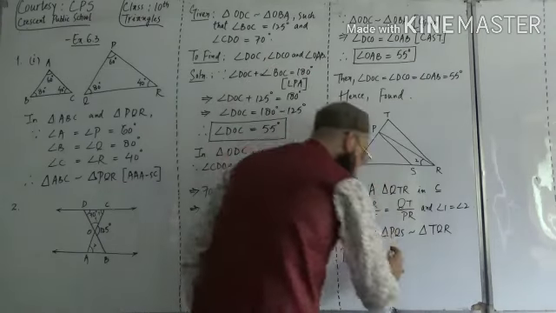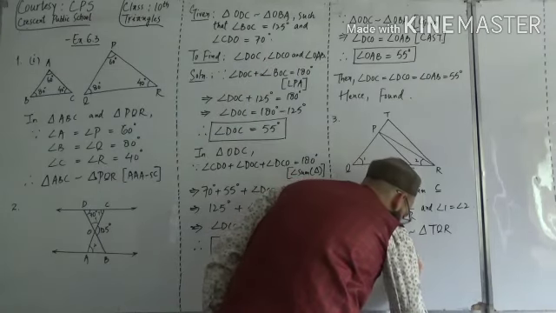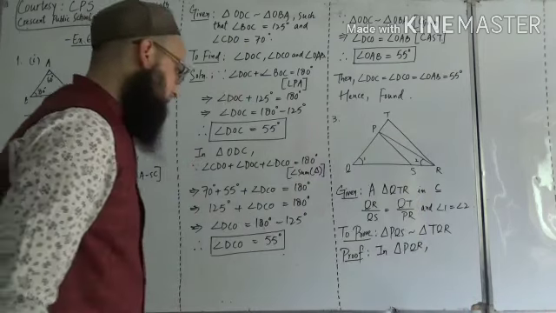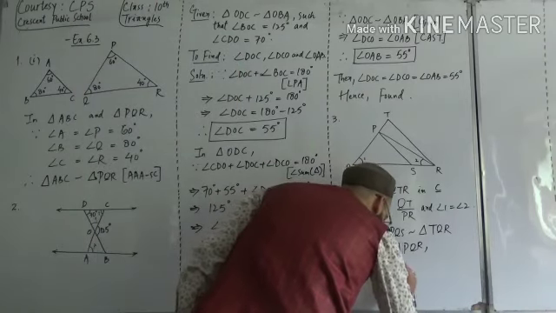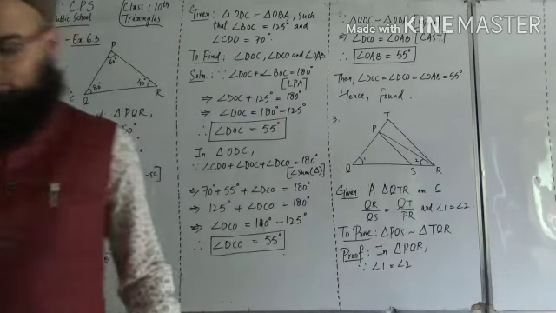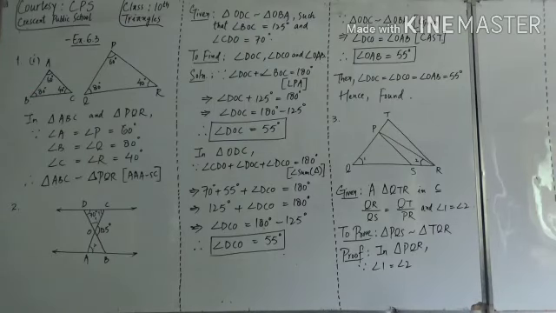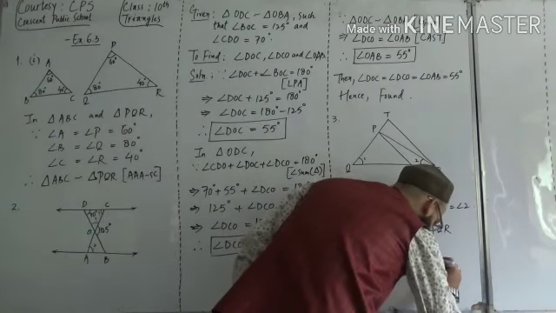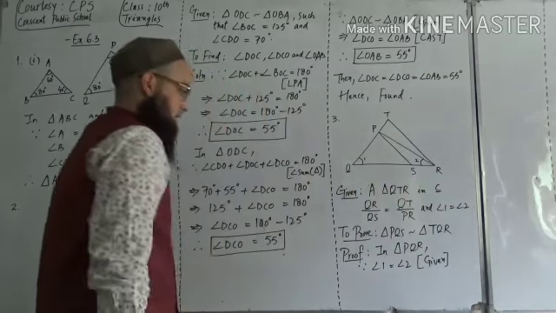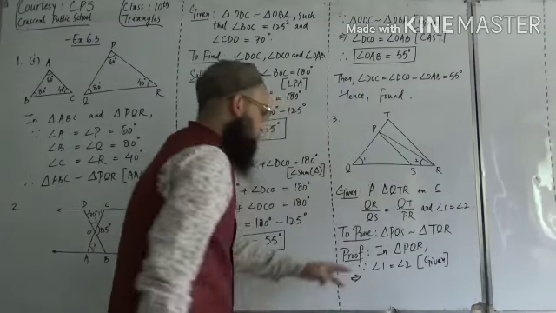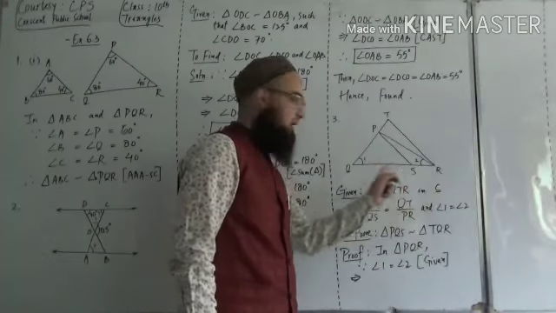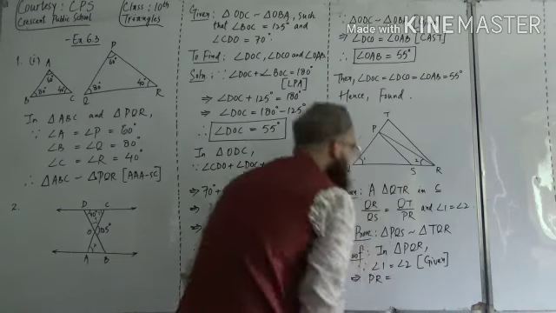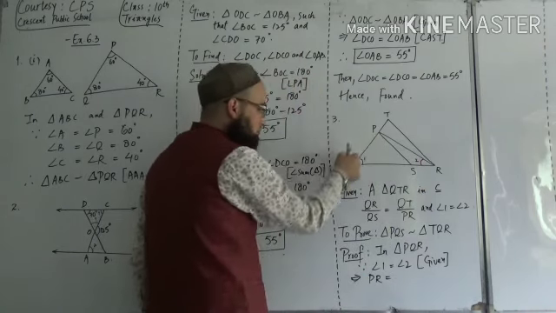In triangle PQR, since angle 1 is equal to angle 2, this is given, which implies that the side opposite to angle 1 in triangle PQR, that is PR, is equal to the side opposite to angle 2, that is PQ.